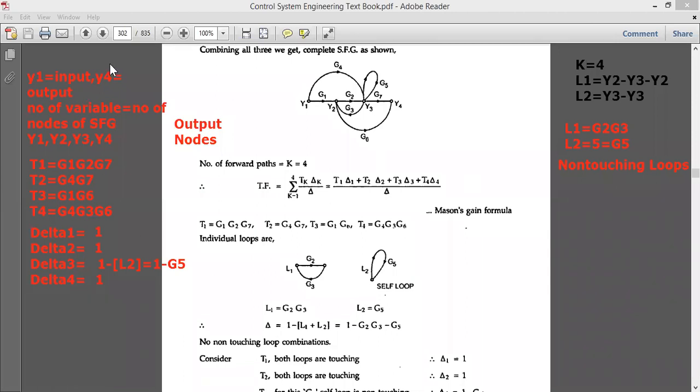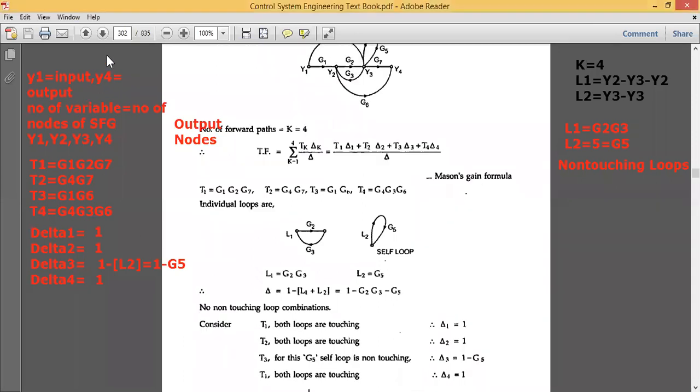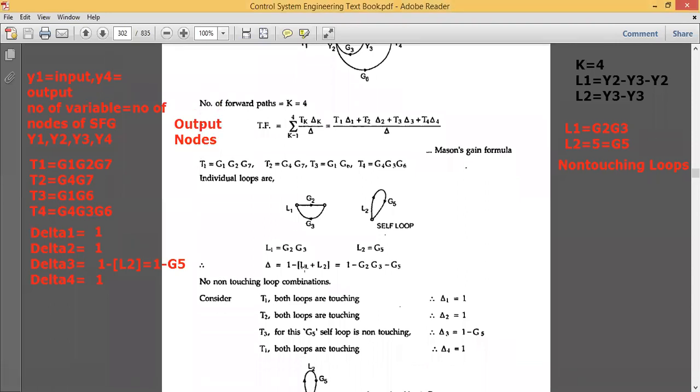So let us see the value of delta 1, delta 2, delta 3 here. You can check T1, both the loops are touching, therefore delta 1 is equal to 1. T2, both the loops are touching, therefore delta 2 is equal to 1. T3, only G5, that is the self loop, is a non-touching loop, therefore we have considered it as 1 minus G5. And with T4, both the loops are touching, therefore delta 4 is also equal to 1.